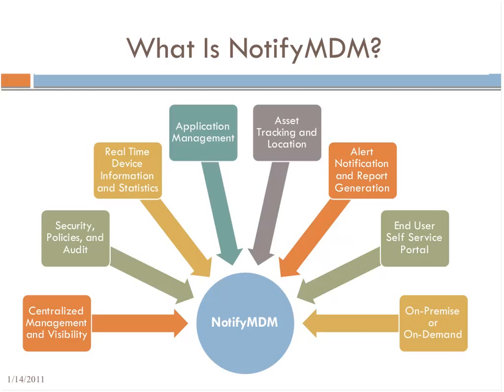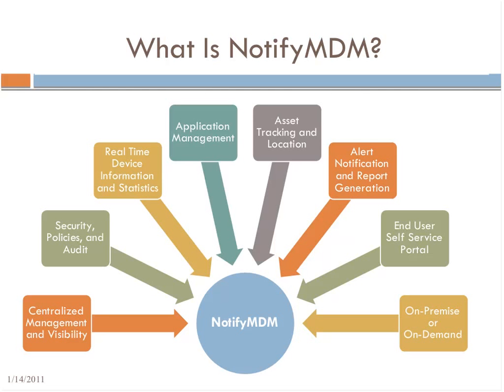One of the realities for us as a developer is that the tools we have to limit application management vary platform to platform. So what we've attempted to do in our first version of Notify MDM is basically provide the framework to do all of this and then offer it as the device platform allows us to do it.